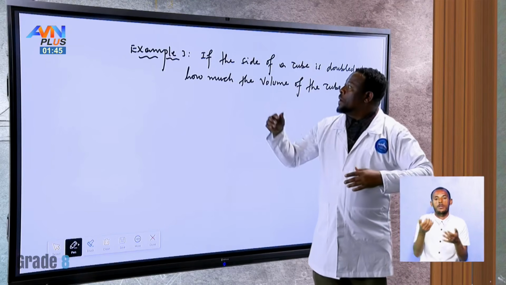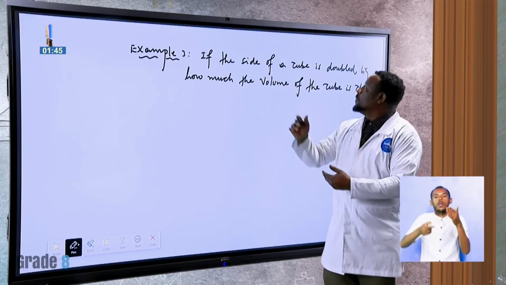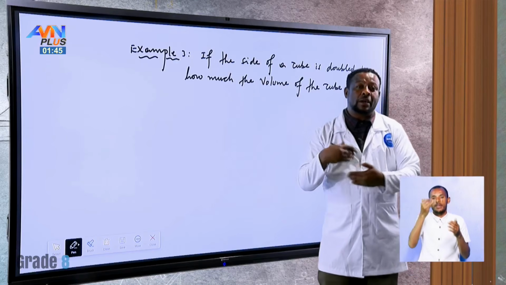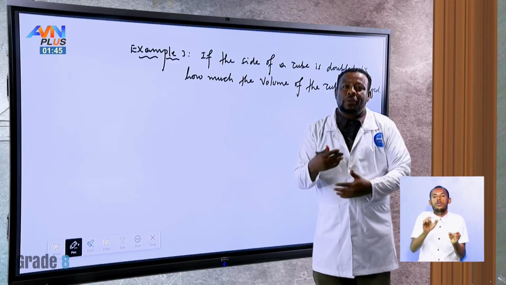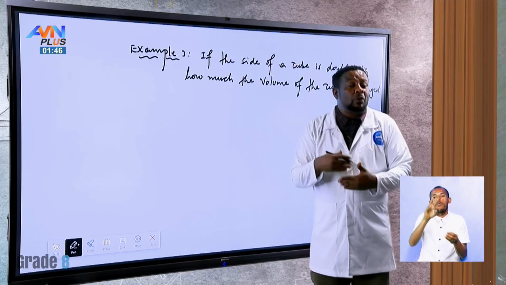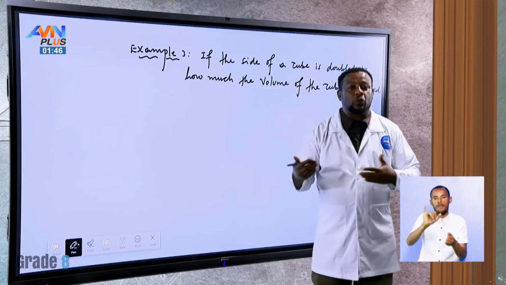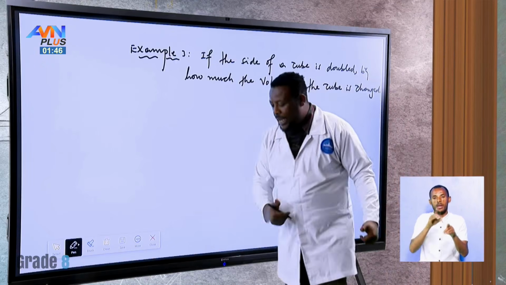So when we come to the cube, what will happen? If the side of a cube is doubled, by how much will the volume change? We will follow the same procedure that we did for this example.